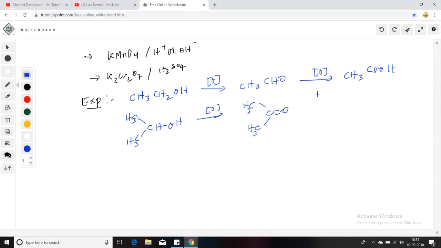Jones reagent, if I use it, suppose I am taking HC triple bond C CH double bond CH CH2OH, and we are using Jones reagent here.